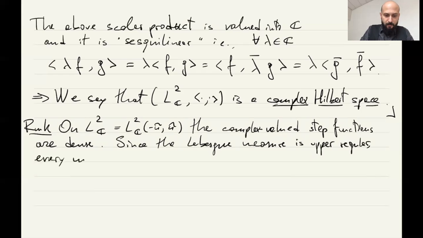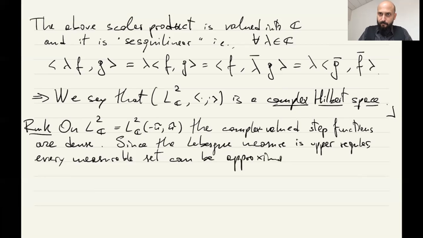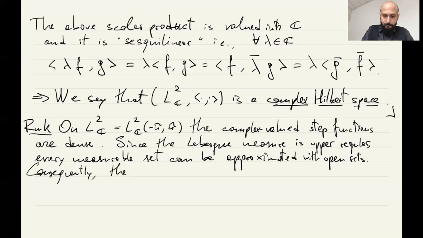So every measurable set can be approximated with open sets, and open sets in the real line are just sums of intervals. Consequently, let's consider characteristic functions of intervals.